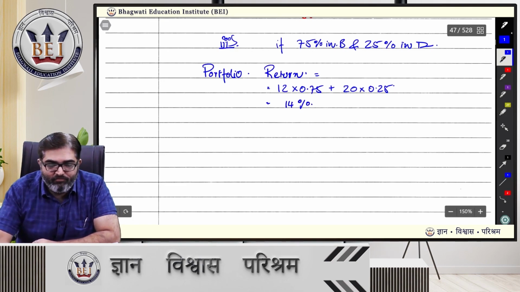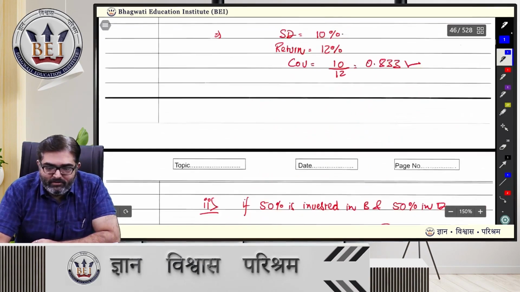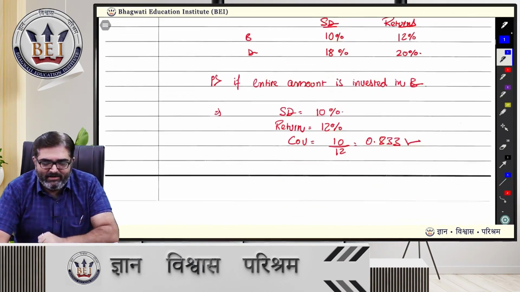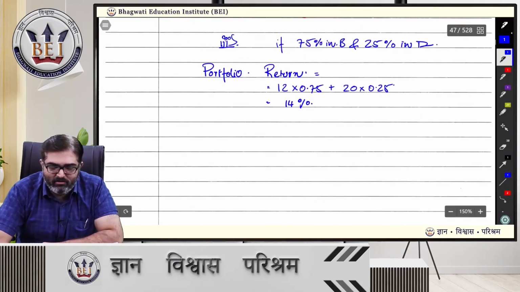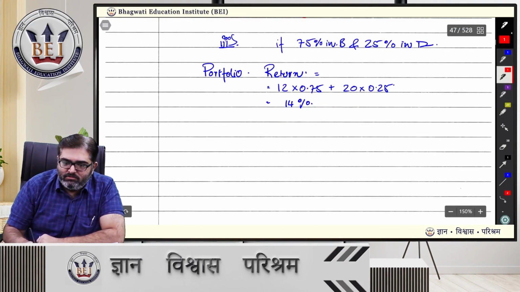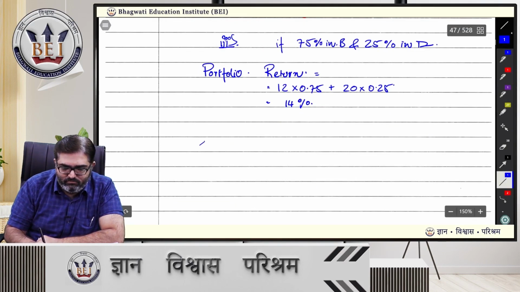Now you have more of B in the bag, right? So obviously B is the one with lower returns, so it'll be a drag on the numbers. Let's check out their portfolio standard deviation.